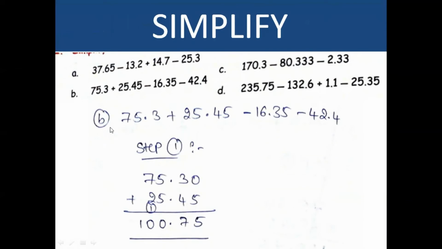Simplify. See for example B1, 75.3 plus 25.45 minus 16.35 minus 42.4. Add the addition part, that is 75.3, 25.45. It is in unlike decimal.